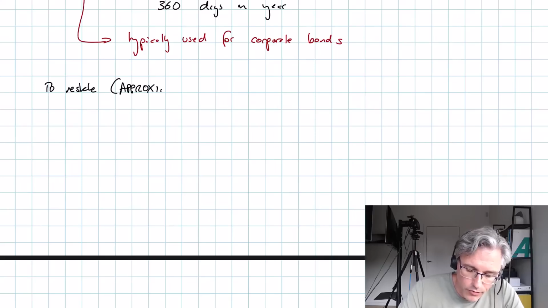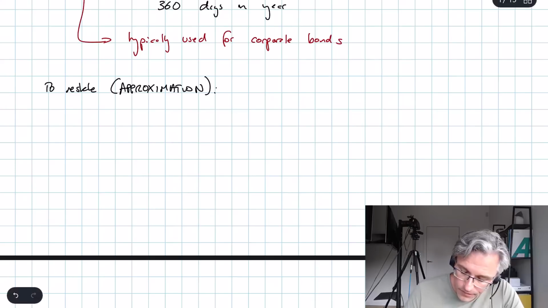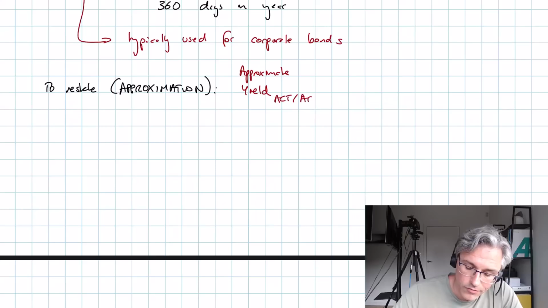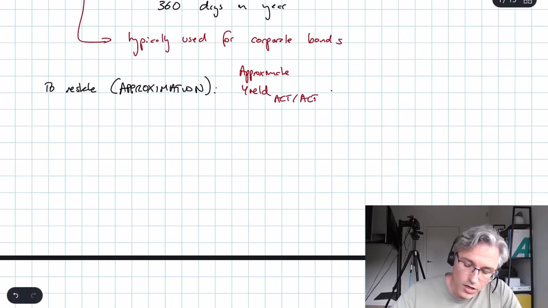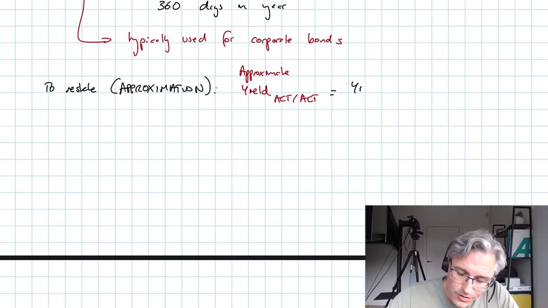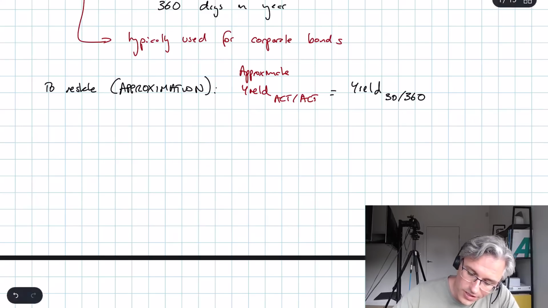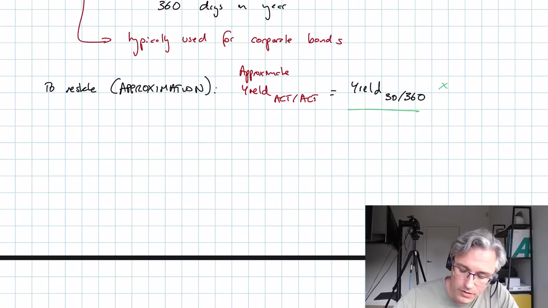Mind you, it is an approximation, but it is used. If you want to have an approximate yield computed on an actual by actual basis, starting with the yield that's been computed on a 30 by 360 basis, you need to take this one and multiply by a factor of 365 over 360.